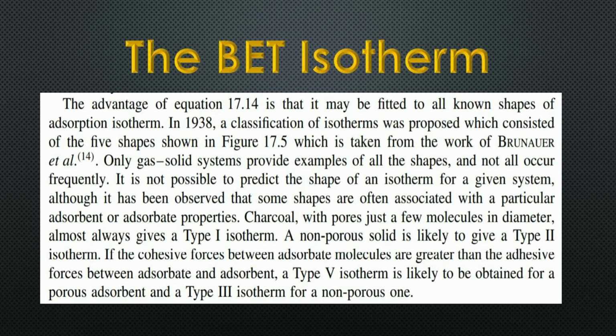Charcoal, with pores just a few molecules in diameter, almost always gives a type 1 isotherm. A non-porous solid is likely to give a type 2 isotherm. If the cohesive forces between adsorbate molecules are greater than the adhesive forces between adsorbate and adsorbent, a type 5 isotherm is likely to be obtained for a porous adsorbent and a type 3 isotherm for a non-porous one.